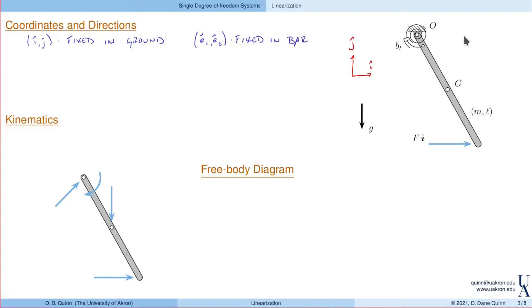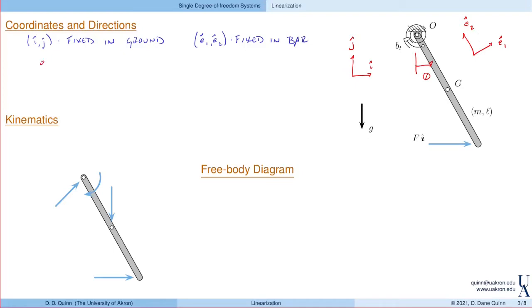Here, let's assume that E1 is perpendicular to the bar and E2 is along the bar. Finally, we will identify a coordinate, theta, that describes the rotation of the bar, or can be used to relate I and j to E1 and E2.